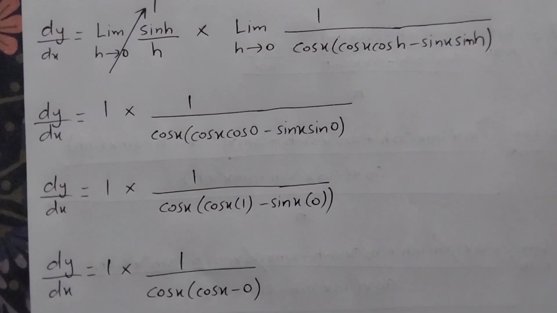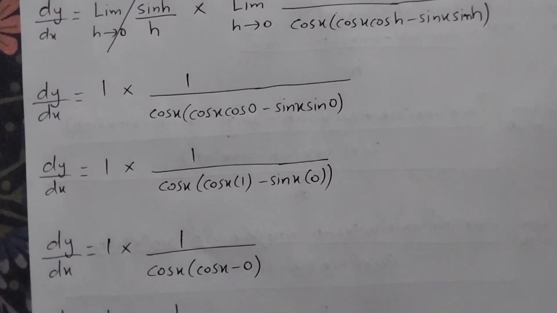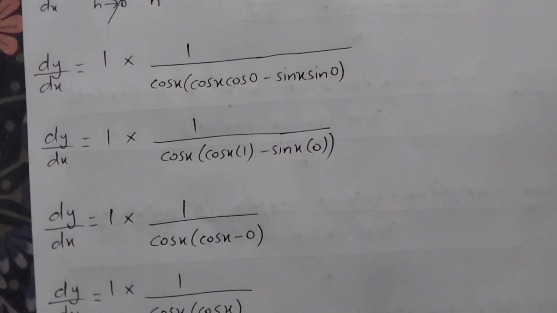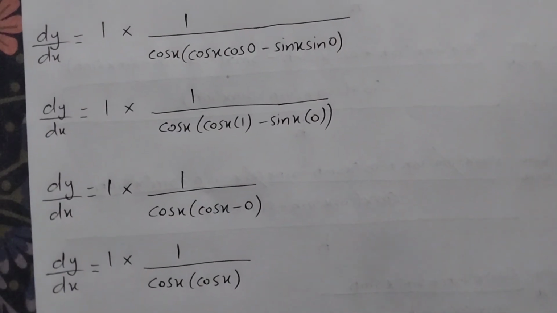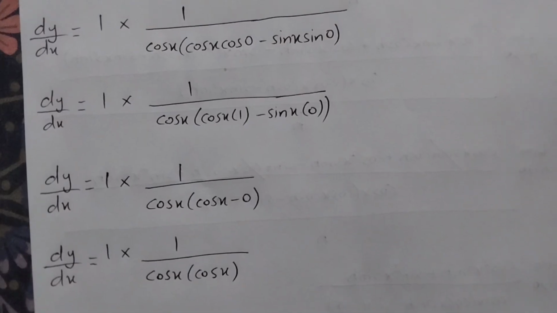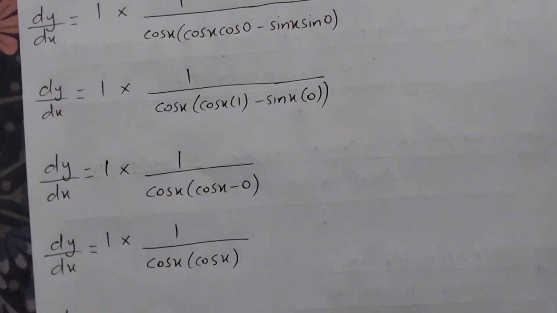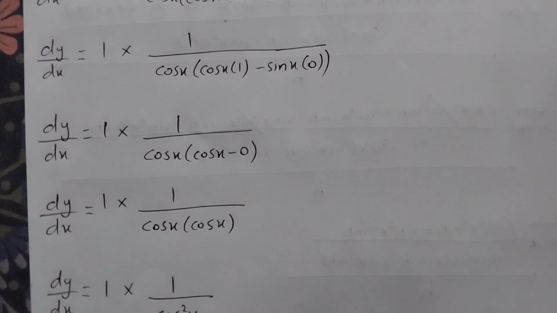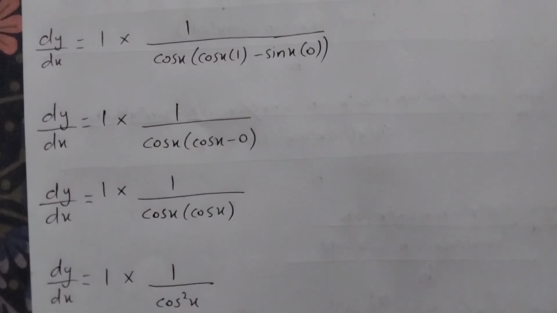So this will become 1 into 1 over cos x times cos x, cos of 0 is 1, minus sin x, and sin of 0 is 0. This is equal to 1 into 1 over cos x into 1 is cos x, minus sin x into 0 is 0. So we're left with 1 into 1 over cos x times cos x minus 0, which is cos x.